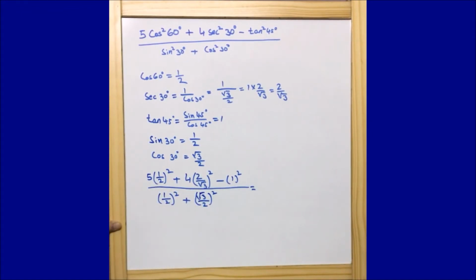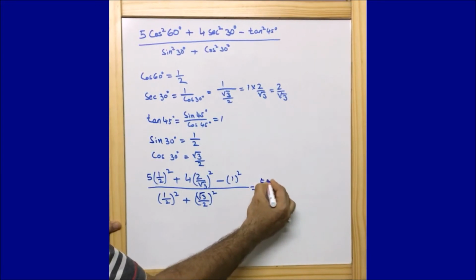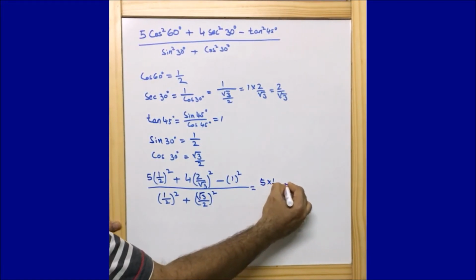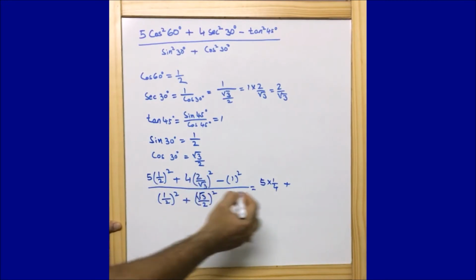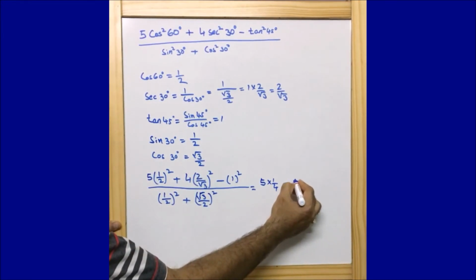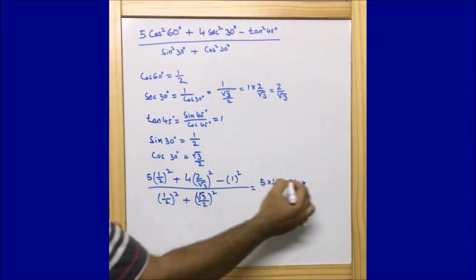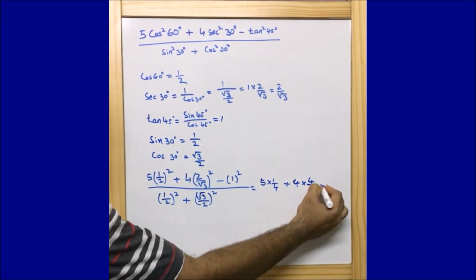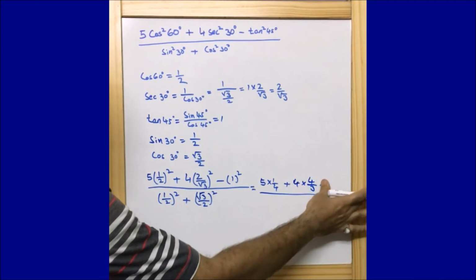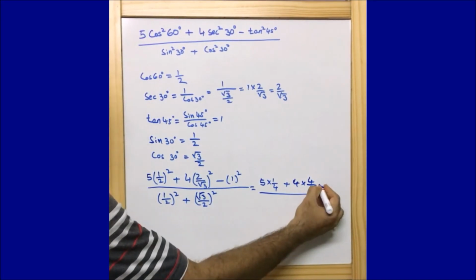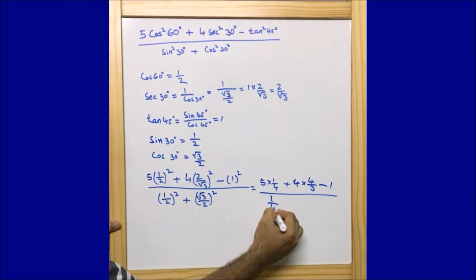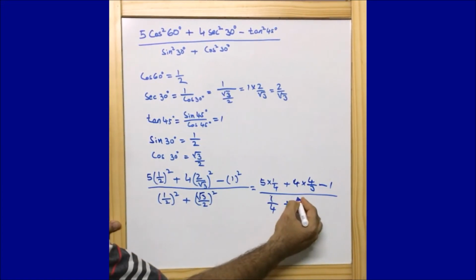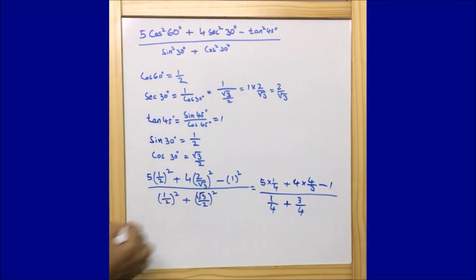5 into 1 by 2 square. So 1 by 2 square is nothing but 1 by 4, giving 5 into 1 by 4 plus 4 into 2 by root 3 square, which is 4 by 3, minus 1 upon 1 by 2 square, which is 1 by 4, plus root 3 by 2 square, which is 3 by 4.